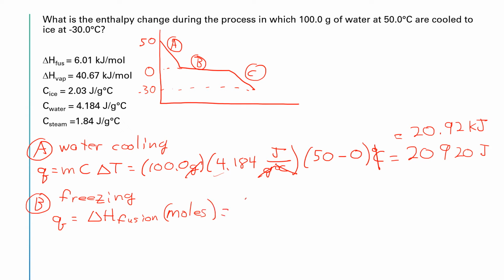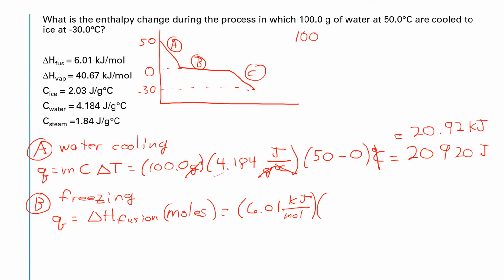So our delta H of fusion is given as 6.01 kilojoules per mole. And then the moles of our sample, well, we know that we've got 100 grams, so let's do that conversion here real quick to turn that into moles.